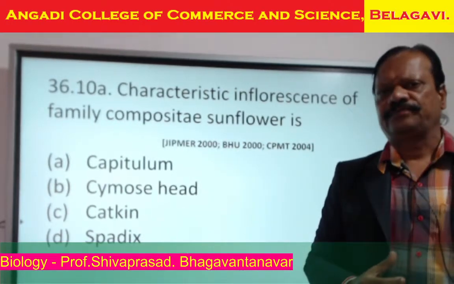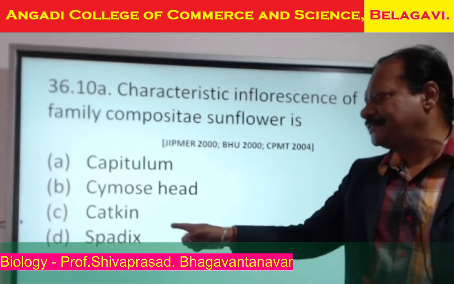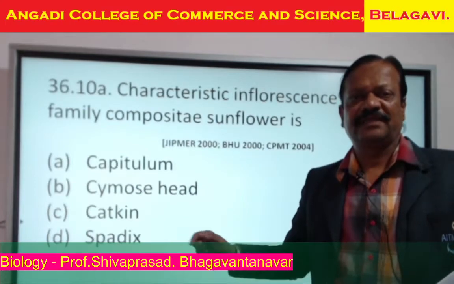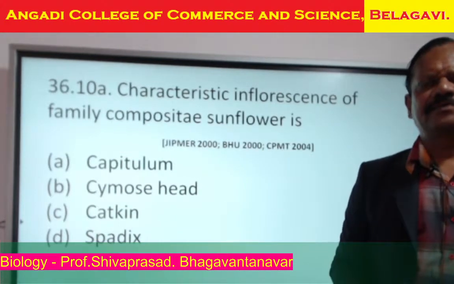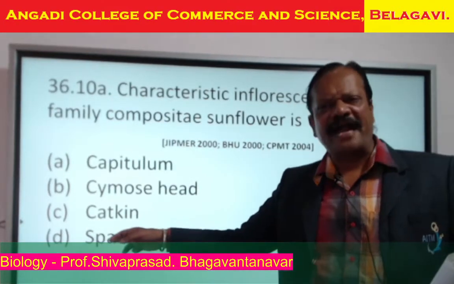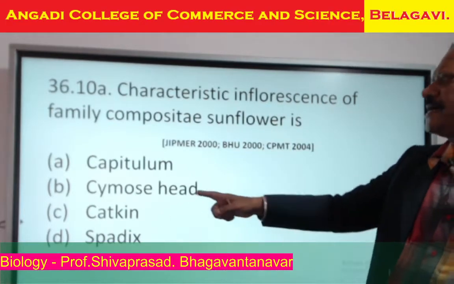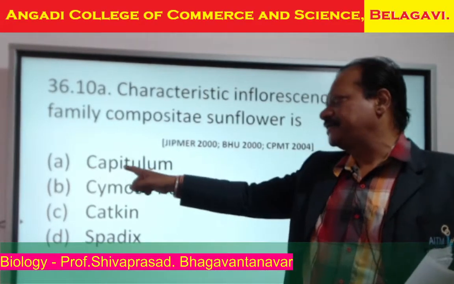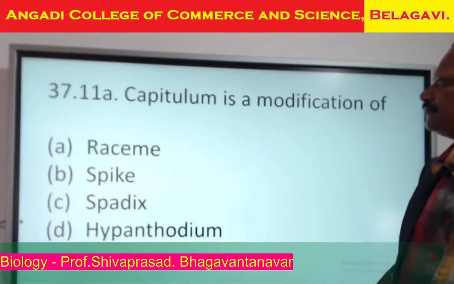This outermost cover is also called the spathe. The best example is the coconut plant, or you may take the banana plant. There you can see the spadix inflorescence. So here the right answer is option A, capitulum. We are going to the next slide.